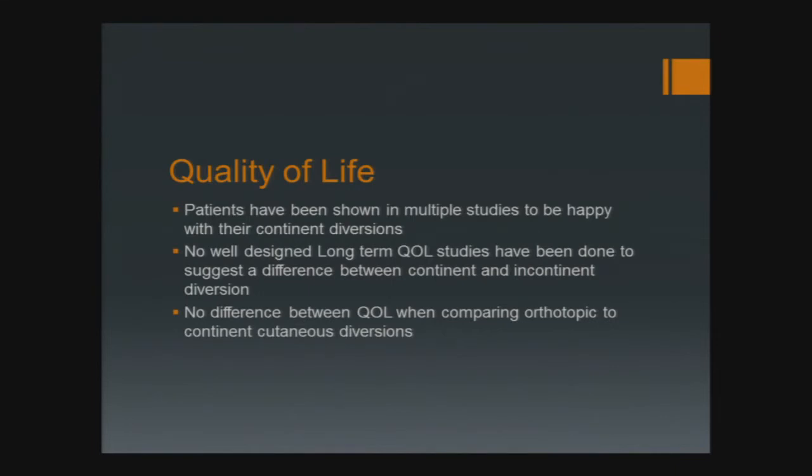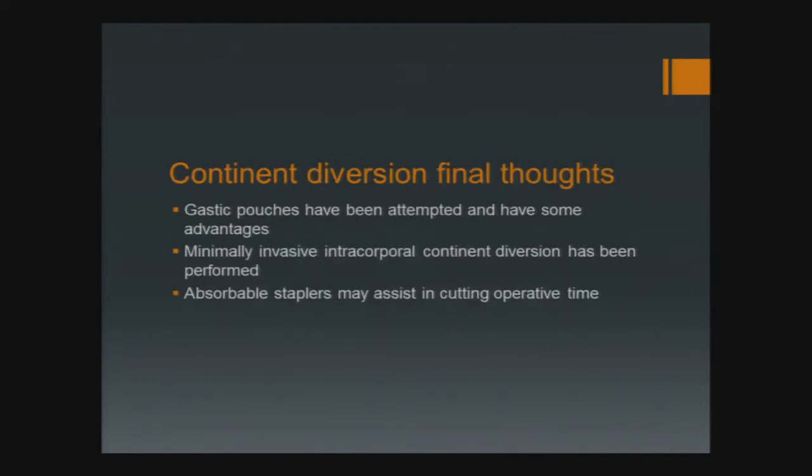But when you look at the quality of life between an orthotopic and a continent cutaneous diversion, there have been no quality of life differences between those two in some pretty reasonably good studies. Just in passing, gastric segments have been used in the past and actually have some advantages. People have done minimally invasive intracorporeal continent diversions, so robotic technique.